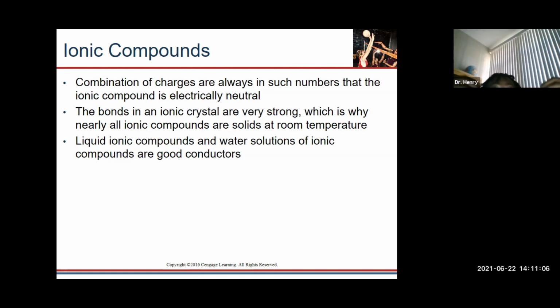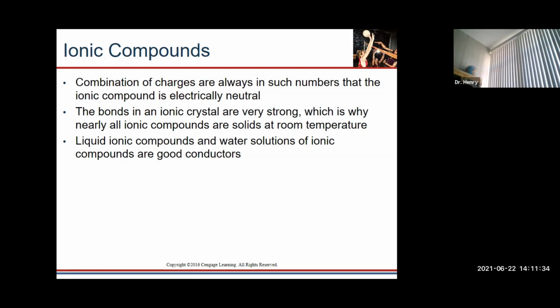We have to put it at really, really high temperatures to start getting melting. And the other thing is that if we try to conduct electricity, if we put a battery between just salt itself, it won't be able to conduct. But if you put salt in water, we're able to conduct electricity because of those ions. So it's really good at conducting electricity if there's salt present. Okay? Are you guys with me so far?